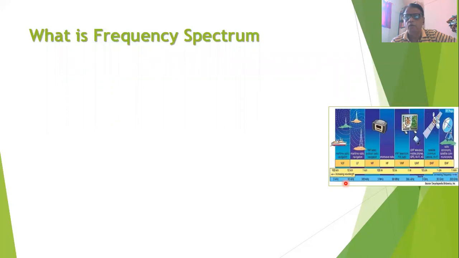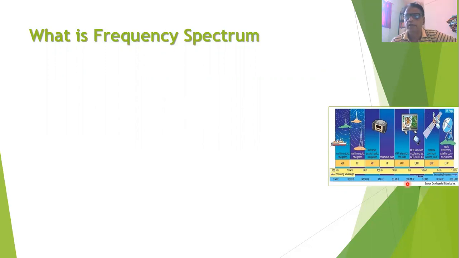When you go for the AM radio, you can use the frequency spectrum from 300 kilohertz to about 3 megahertz. If you are using a shortwave radio station, then you use a frequency in the range of 3 megahertz to 30 megahertz. If you are using a television signal, or transmitting an FM audio, then the range is from 30 megahertz to 300 megahertz.